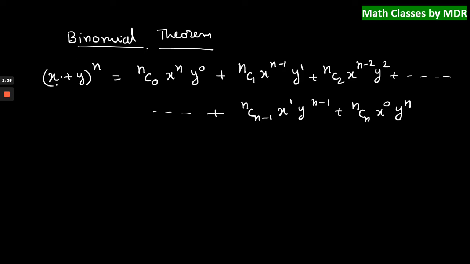Binomial is nothing but any polynomial which has two terms. Here x and y are the two terms in this expression, with the power n.